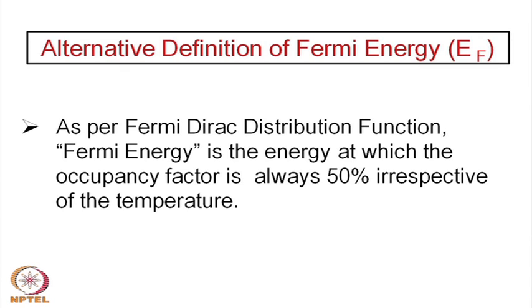This I have mentioned earlier, as per Fermi-Dirac distribution function, Fermi energy is the energy at which the occupancy factor is always 0.5 irrespective of the temperature. Okay. So, this is a definition which is useful for higher temperatures. At absolute zero temperature, it is the highest energy level up to which the states are occupied, whereas if the temperature is non-zero, then this will be a better or actual definition.